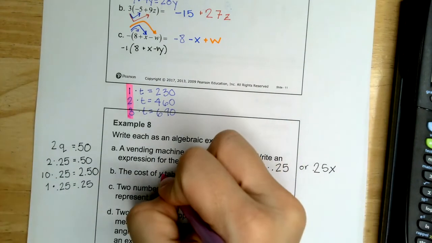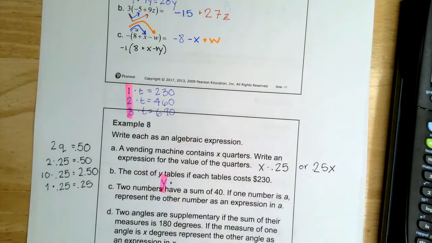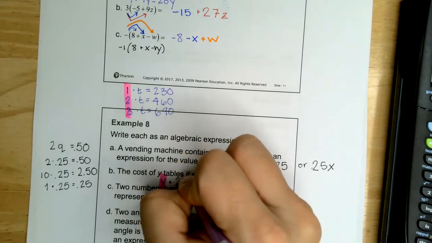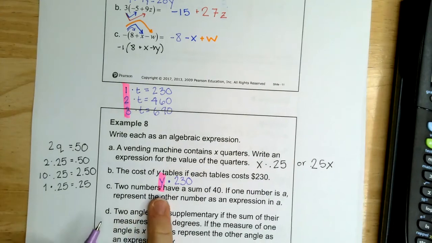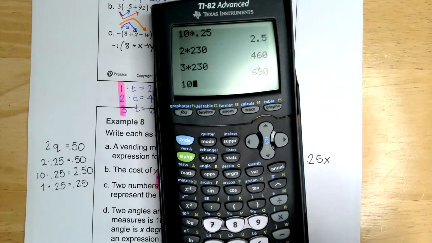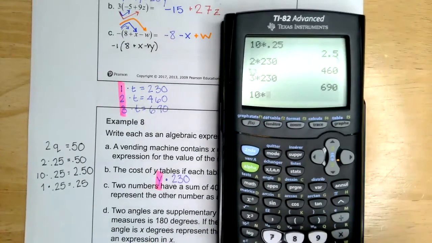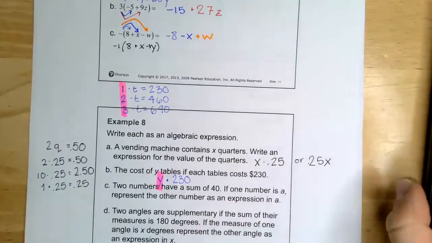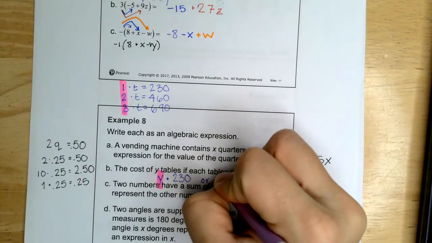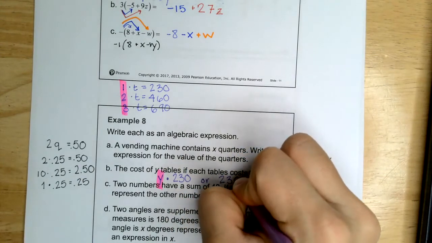What did I multiply that y by? I multiplied 1 times what to get 230? No matter how many tables, if I want 10 tables, I'm going to multiply that by 230, and that will give me the cost of 10 tables. Good. And again, we could just say 230y.